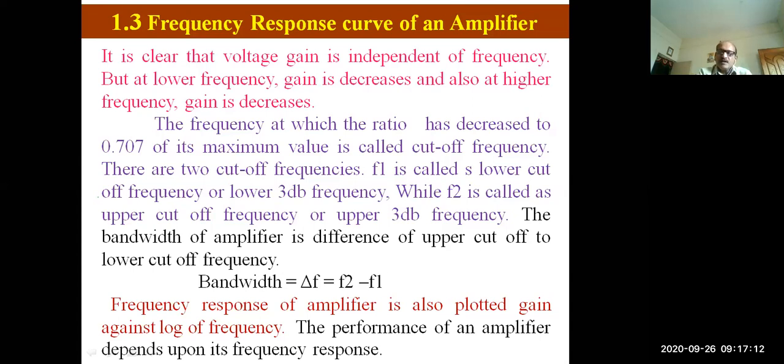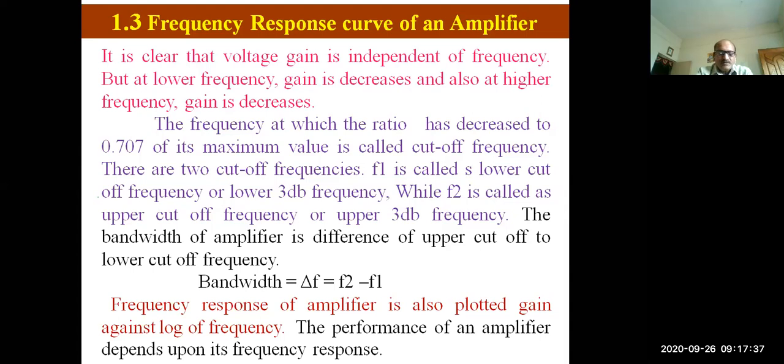Then we can say that this amplifier has the maximum bandwidth, and the frequency response curve is better. From frequency response curve, we can calculate the bandwidth. For all frequencies, the voltage gain is constant, or current gain is constant. This is about the frequency response curve.